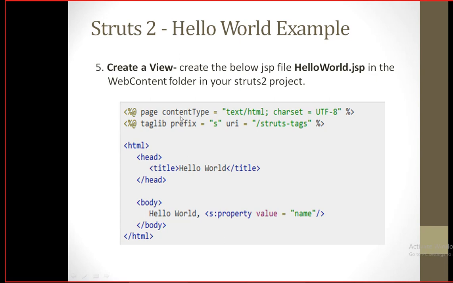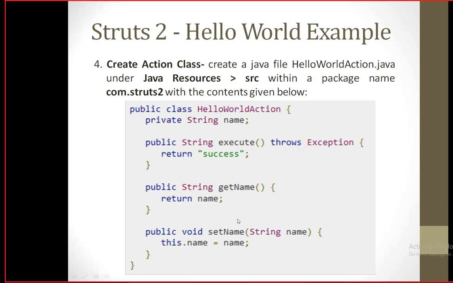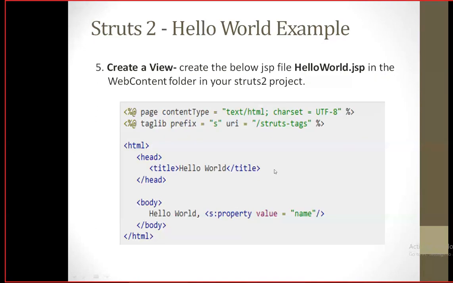After doing that, what we are displaying over here is whatever name is entered by the user in one of the input fields. That name will be passed to the action class, right? And once that name is assigned to the data member name through the setter function, then by using the getter function we can correspondingly fetch the name over here.